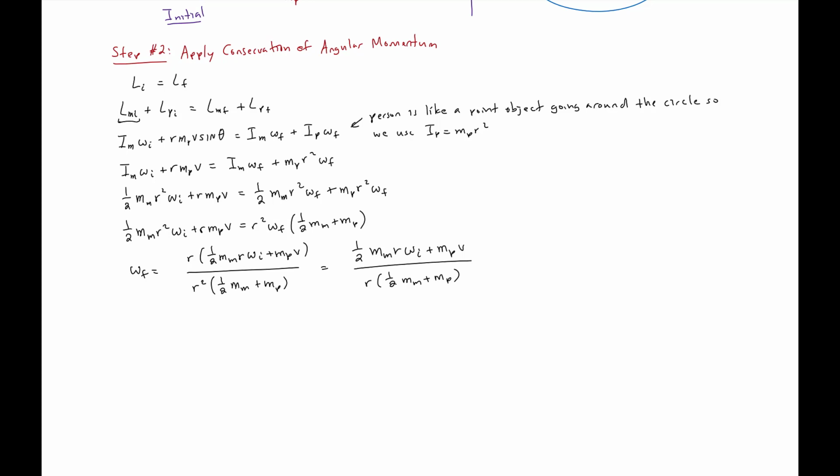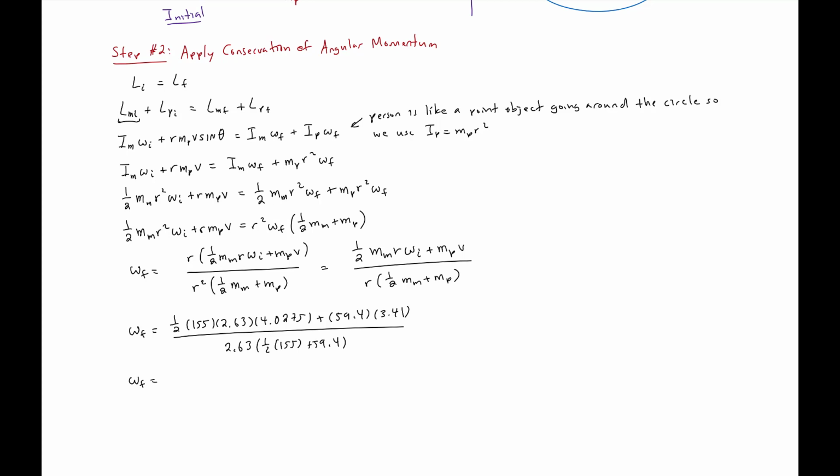So this is getting pretty long. It's time to plug in our numbers and solve. We have 1/2 times 155 times 2.63 times 4.0275 plus 59.4 times 3.41 divided by 2.63, all over 1/2 times 155 plus 59.4.